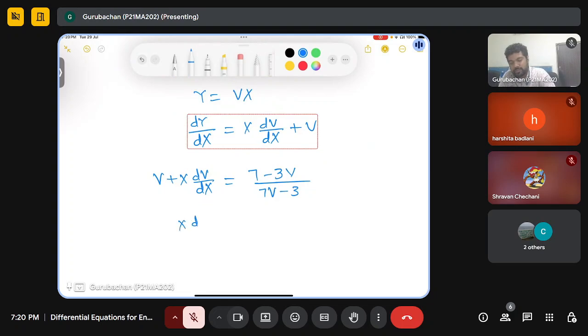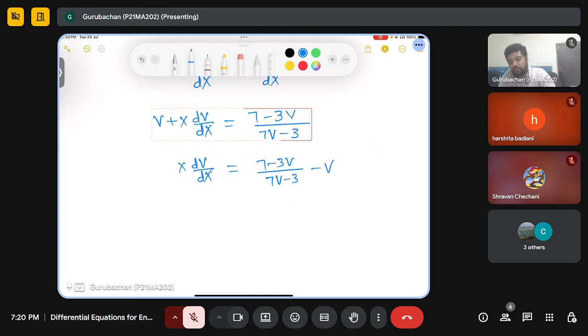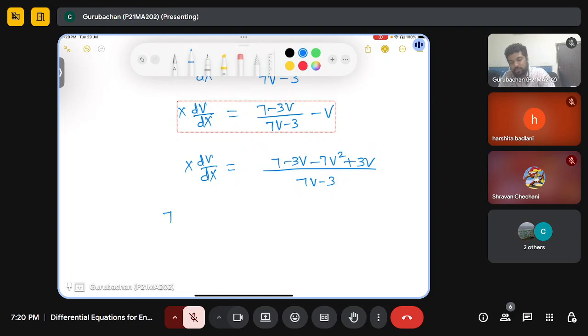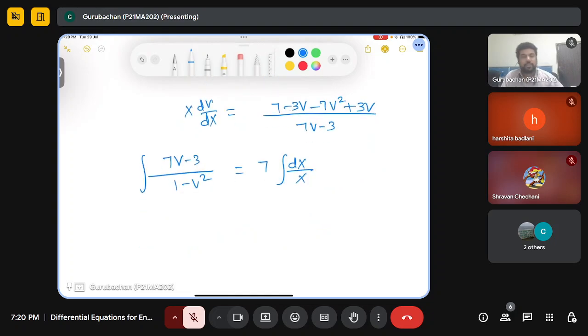This will give you x dv by dx is equal to 7 minus 3v divided by 7v minus 3 minus v. So this will be x dv by dx, 7 minus 3v minus 7v square plus 3v, divided by 7v minus 3. So 3v and 3v will cancel out. This will be 1 minus v square, and this will be 7 times dx by x. Is it correct till now?